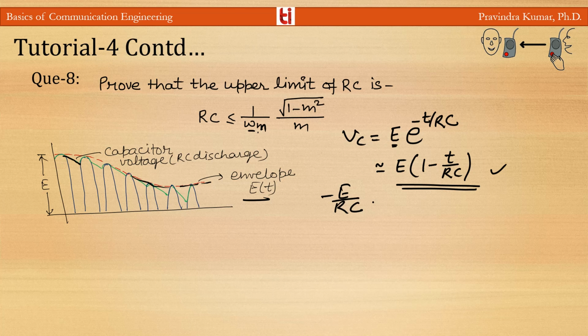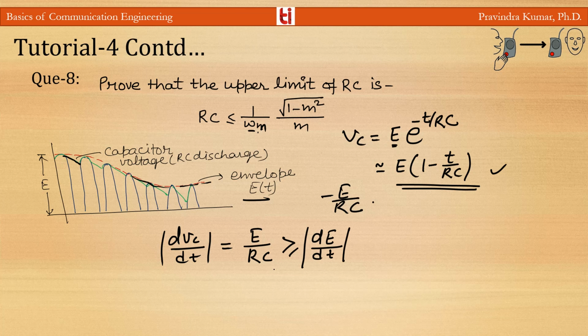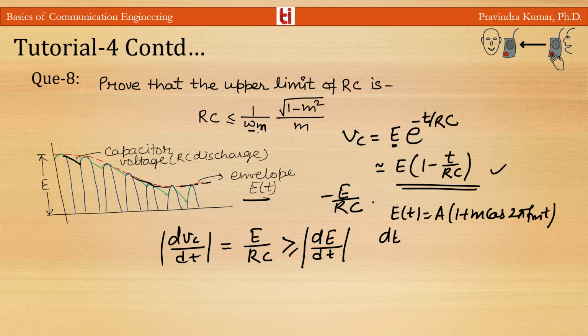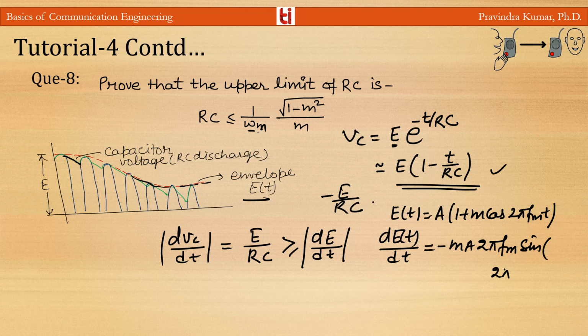That is, |dVc/dt| = E/RC should be greater than or equal to |dE/dt|. Since E(t) is A(1 + m cos 2πf_m t), dE/dt will be −mA 2πf_m sin 2πf_m t.